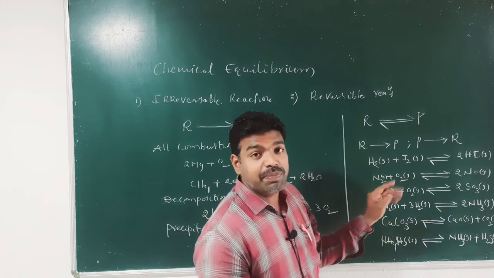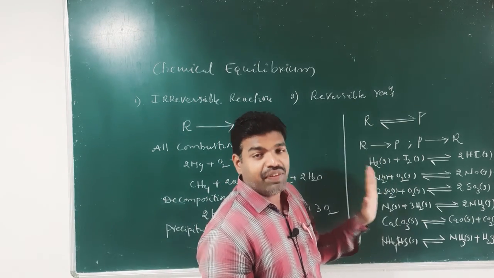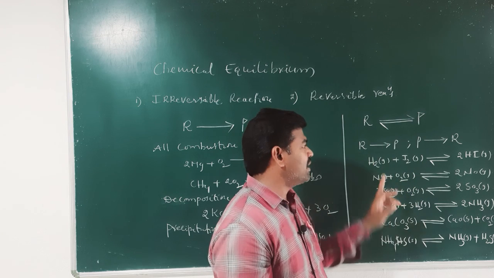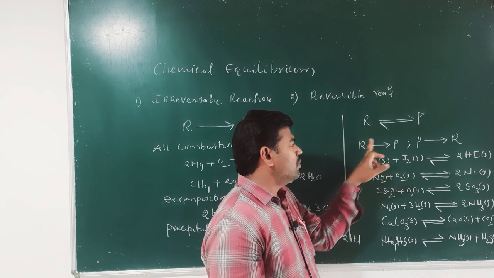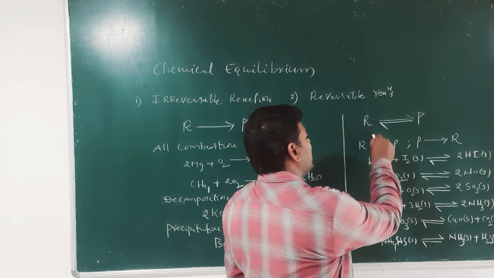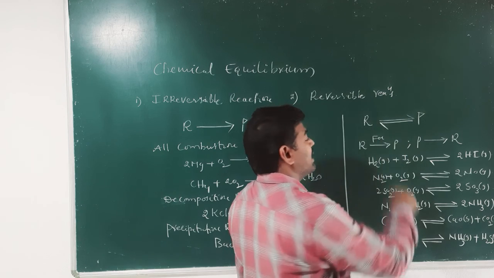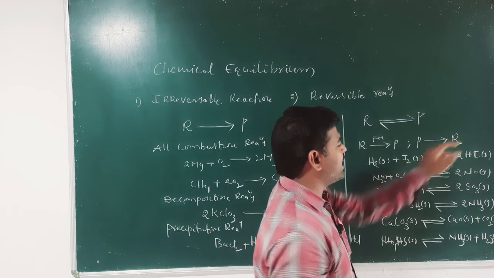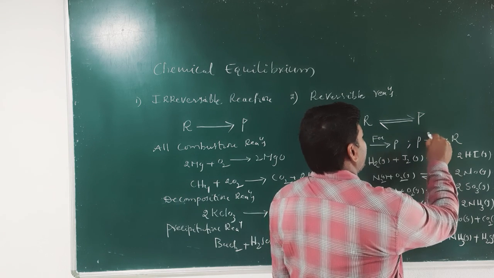a tug of war takes place between the forward reaction and the backward reaction. Reactants give rise to products, this is the forward reaction, that is left to right, and products to reactants is the backward reaction.